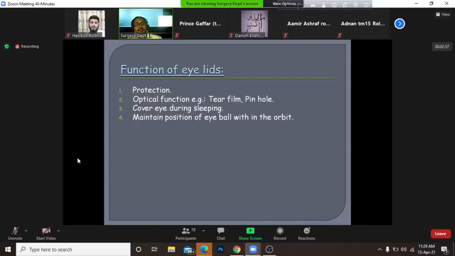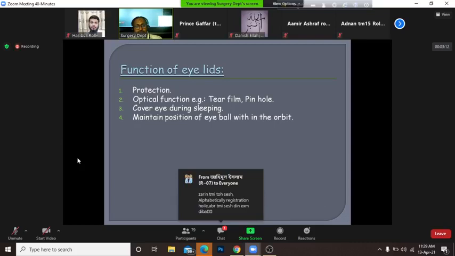We blink at regular intervals. In some weather, such as windy weather or air conditioning, the blinking rate becomes more. Covering the eye during sleeping is also very important.